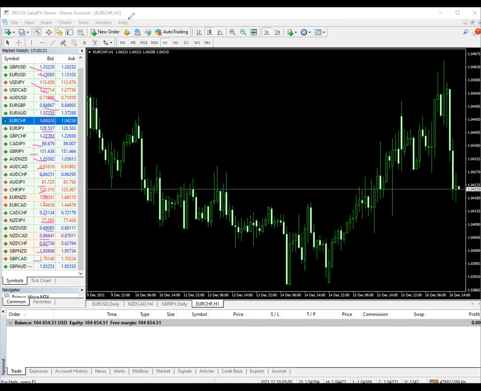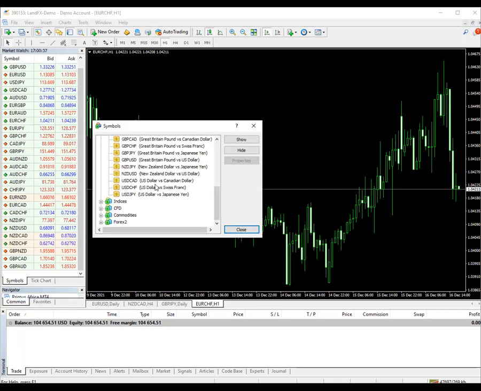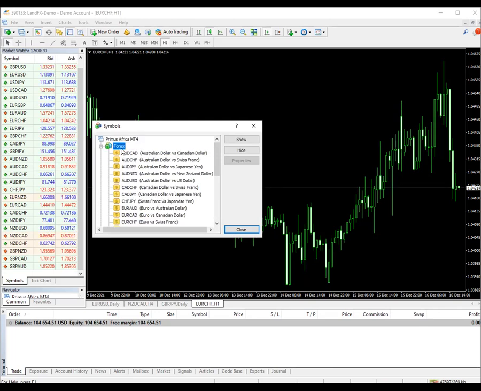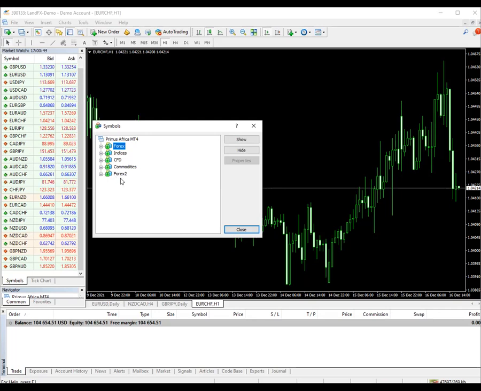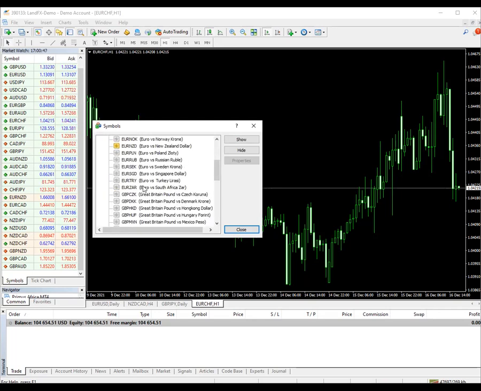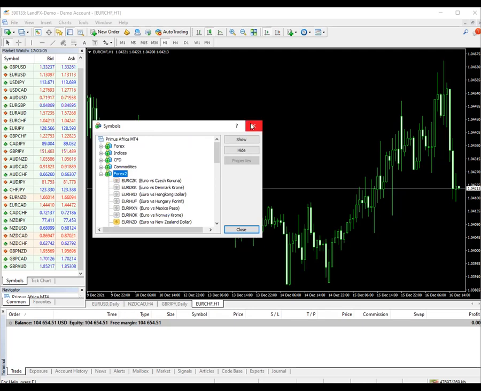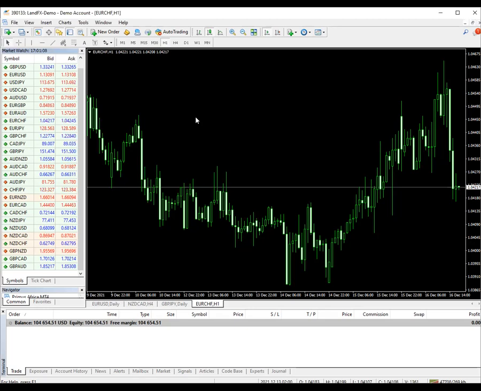Maybe there is one of the pairs that I didn't bring, so let me check. I think they are all here. 28, that is all. So I think in all it should be 28 and not 27. Maybe my calculation wasn't right, but when you do the calculation yourself, you get 28 pairs. So the 8 major currencies, their crosses will be 28 pairs.